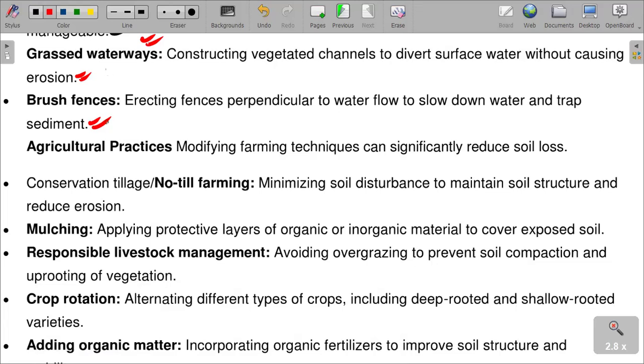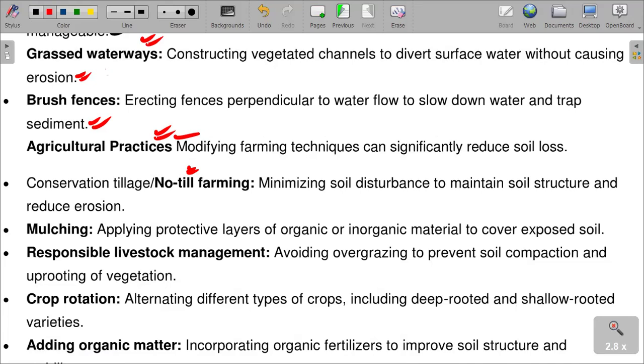And agricultural practices that we can also talk about: modifying farming techniques can significantly reduce erosion. This comes together with the next point here, conservation tillage or no-till farming, where farmers can grow crops without disturbing the soil structures.